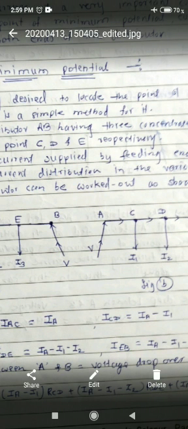Similarly, the current in the section EB, IEB, is equal to IA minus I1 minus I2 minus I3. So this much current is in the section EB.